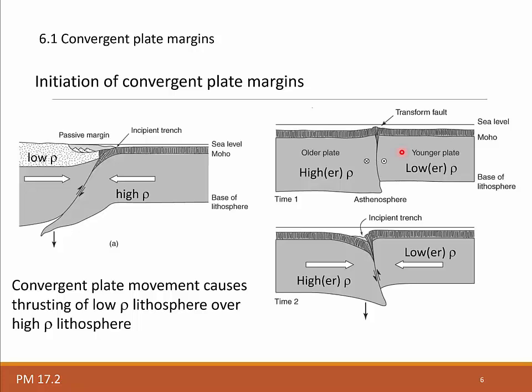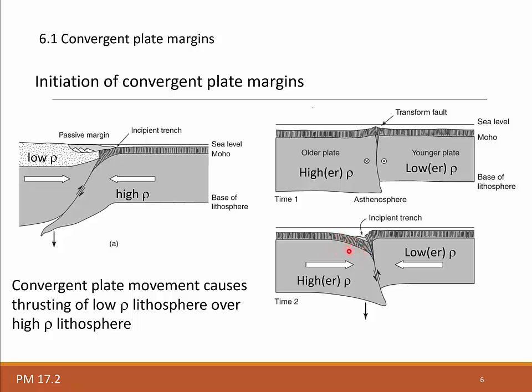The age of the oceanic plates plays a role in thickness and in density. Younger plates are hotter and therefore have a lower density and are thinner, whereas older plates have a higher density and tend to be thicker. If convergence takes place along such a boundary, the higher density and thicker oceanic plate tends to be subducted.